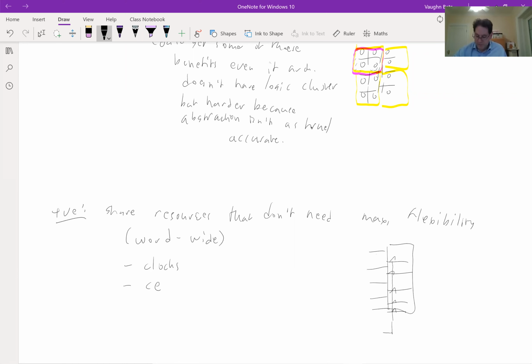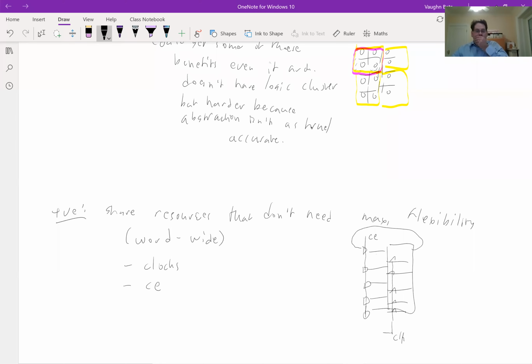A clock enable just says, keep your old value if the clock enable is low. And it's common for everybody in that whole data word.